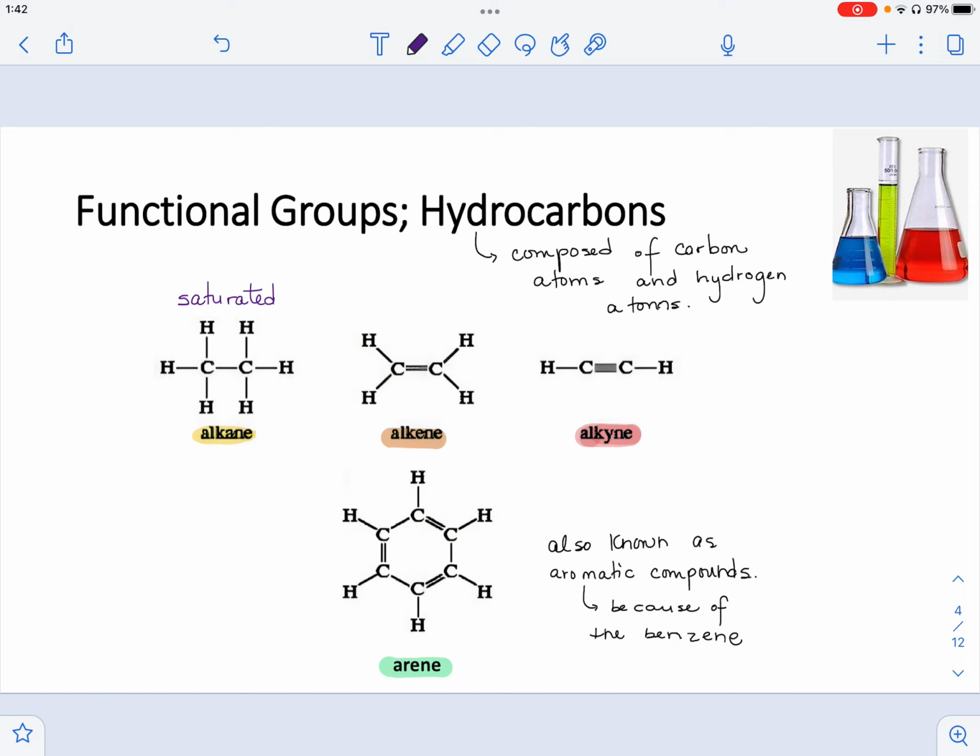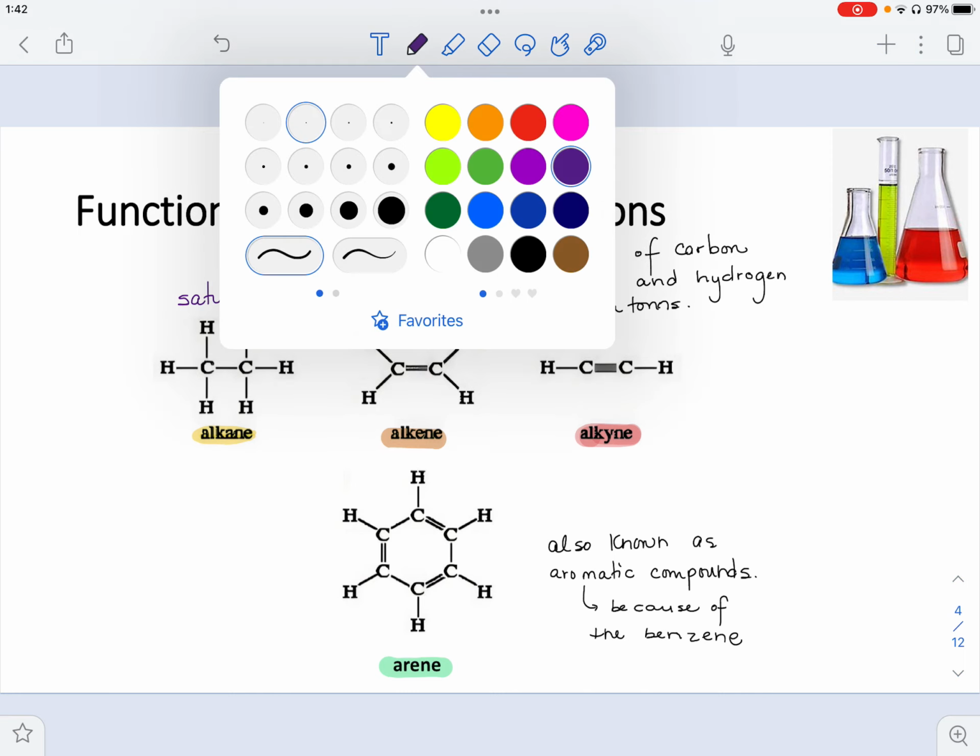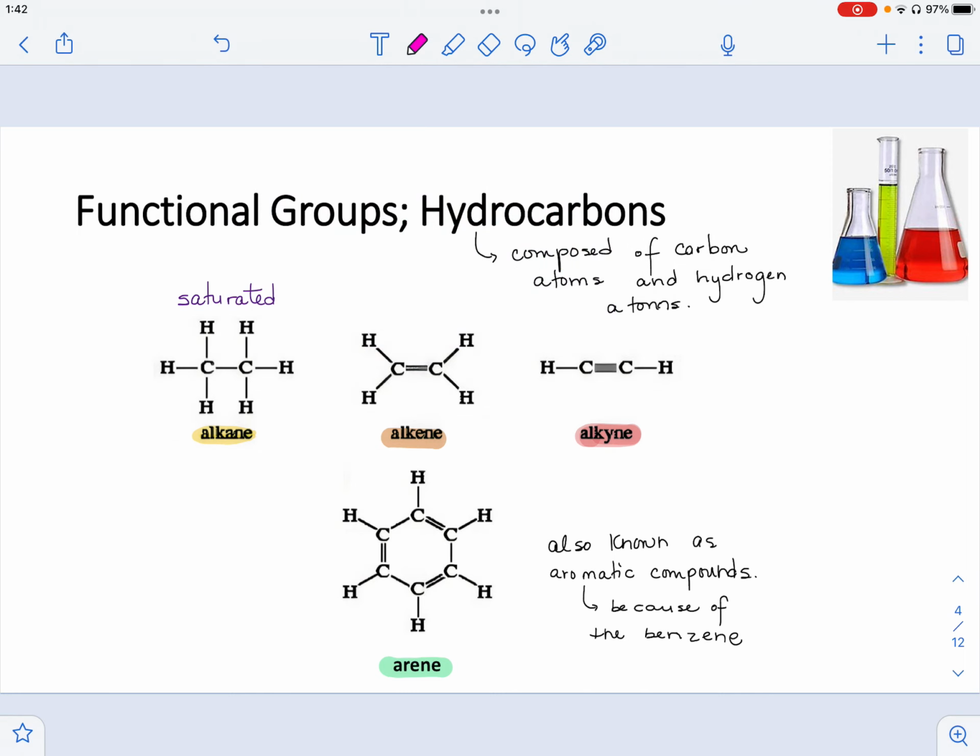In addition to having a saturated hydrocarbon, we can also have unsaturated hydrocarbons. Those unsaturated hydrocarbons are going to be hydrocarbons that have less than the maximum amount of the hydrogen atoms that a carbon can hold.